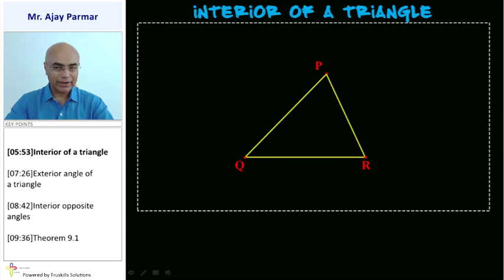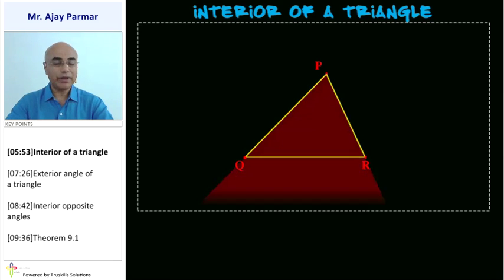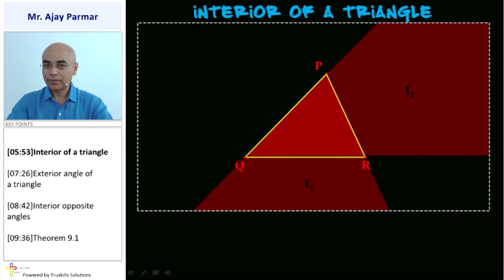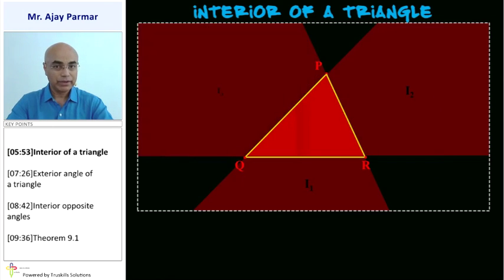Now, the interior of the triangle will mean that it should be the interior of all the angles of the triangle. For example, if we represent the interior of angle P as I1, then interior of angle Q as I2, and lastly interior of angle R as I3, then the intersection of all the three sets, which is represented as I over here, that is referred as the interior of the triangle.